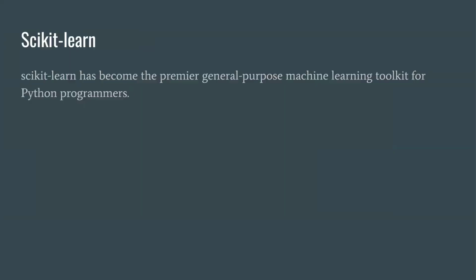So scikit-learn has become a really popular general purpose machine learning toolkit for Python programmers. In just 7 to 8 years, the library has had over 1,500 contributors from around the world.